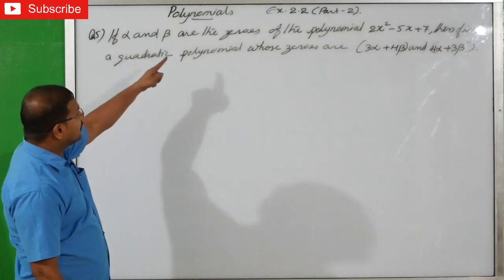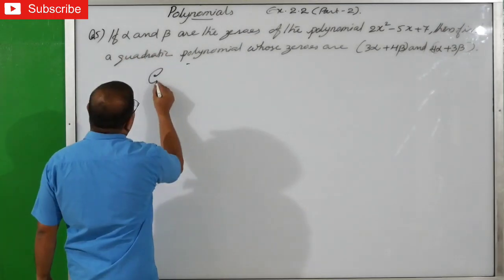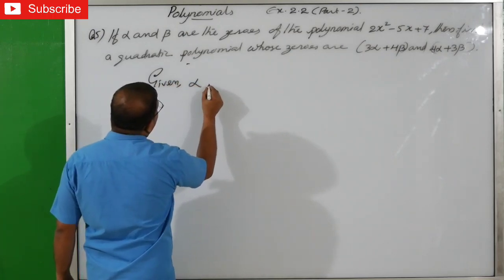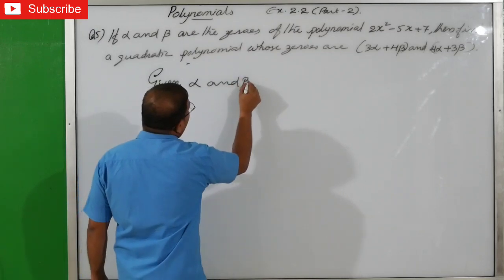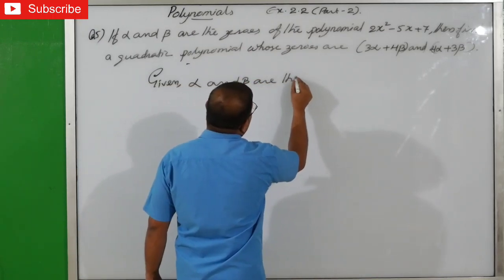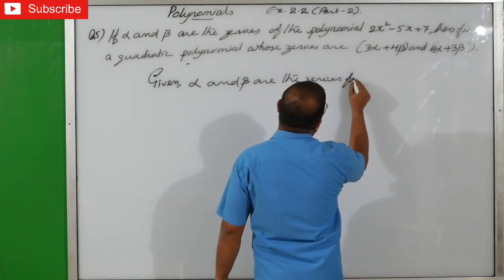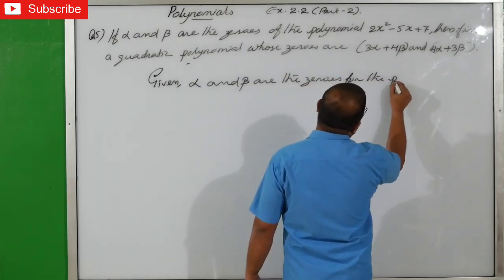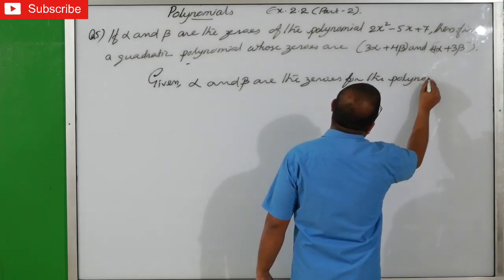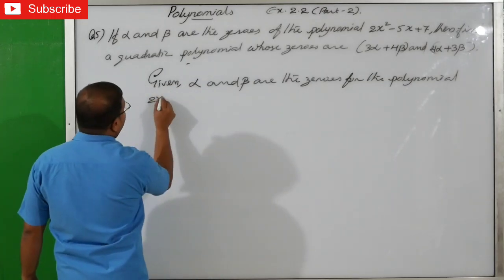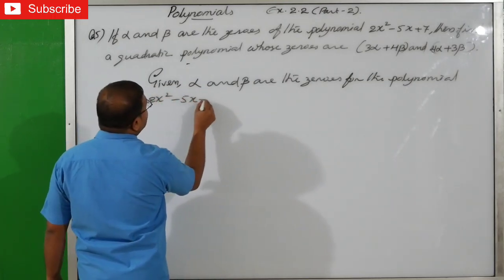Alpha and beta are the zeros of the polynomial. What is the polynomial? 2x square minus 5x plus 7.